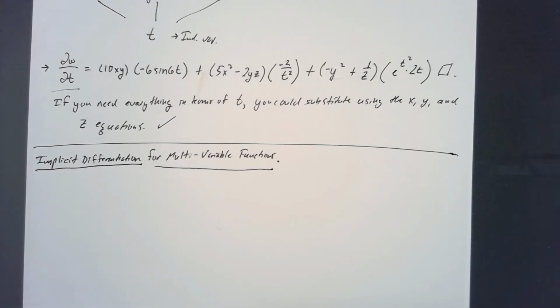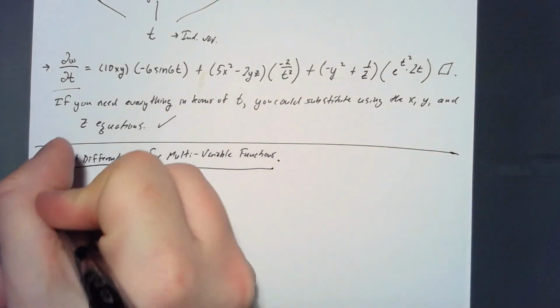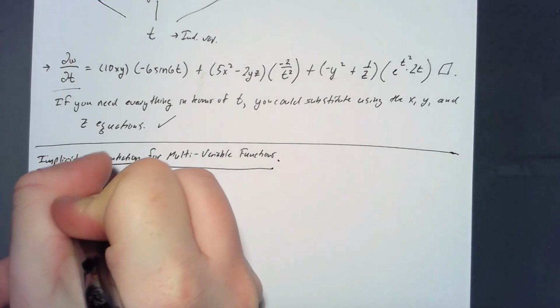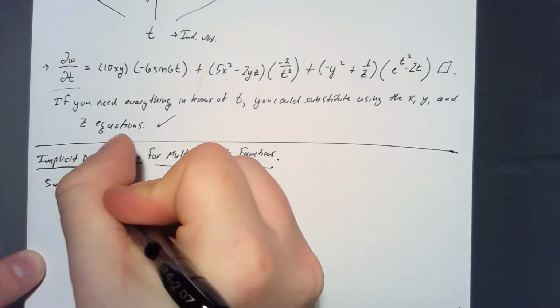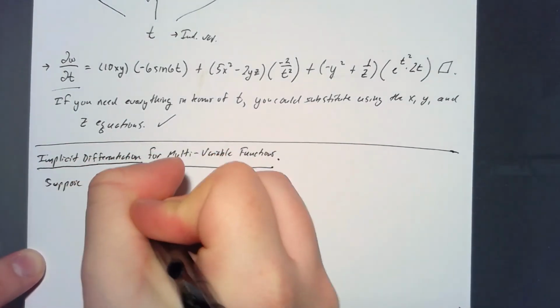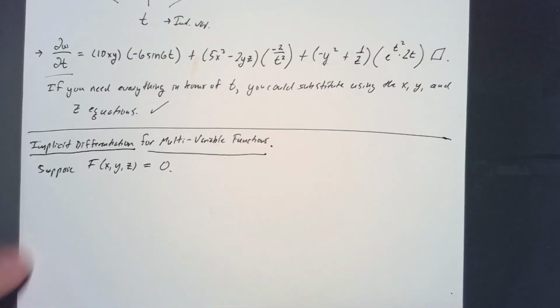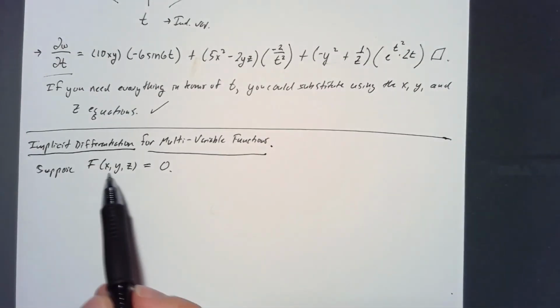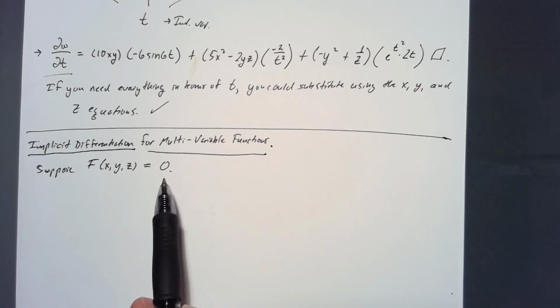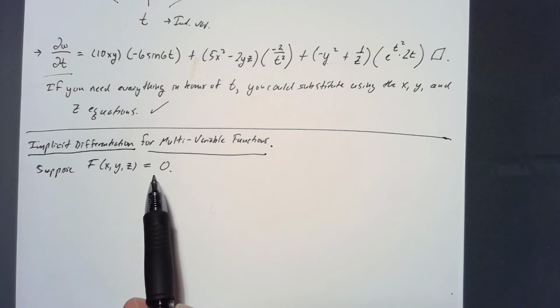But the basic idea comes from, let's suppose I have a function in terms of x, y, and z, and it's equal to 0. Right? So I have a multivariate function equal to 0. And if I go through the derivation, right?